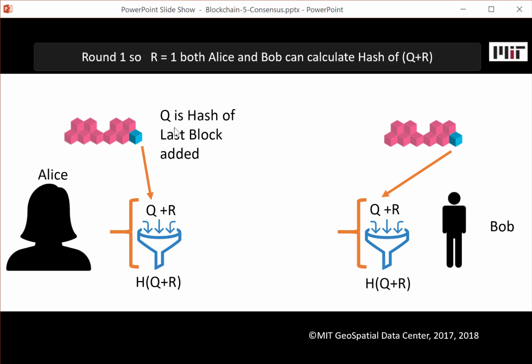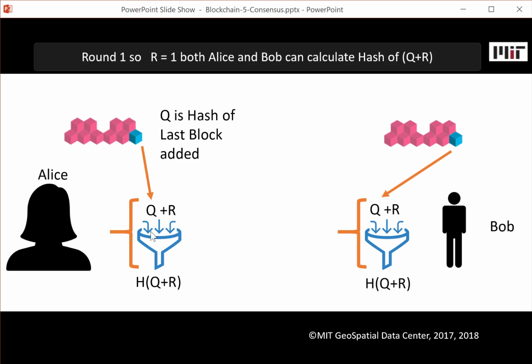It's actually embedded in the last block. So we'll take this Q, and now we're going to have certain rounds to drive towards consensus. So round one, R is 1, and Q, both Alice and Bob can look up Q from the last block added to the blockchain.